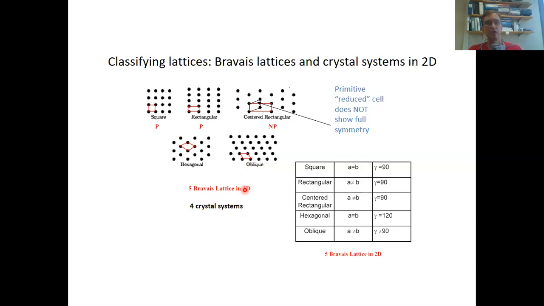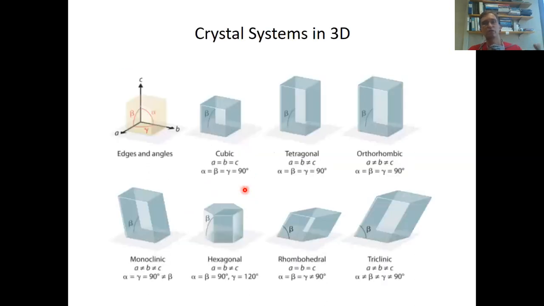Okay, now we can go from 2 dimensions to 3 dimensions, and according to the same considerations, we can derive crystal systems and Bravais lattices. Let us look at the crystal systems first. Now in 3 dimensions, we can have 7 instead of 4 crystal systems.